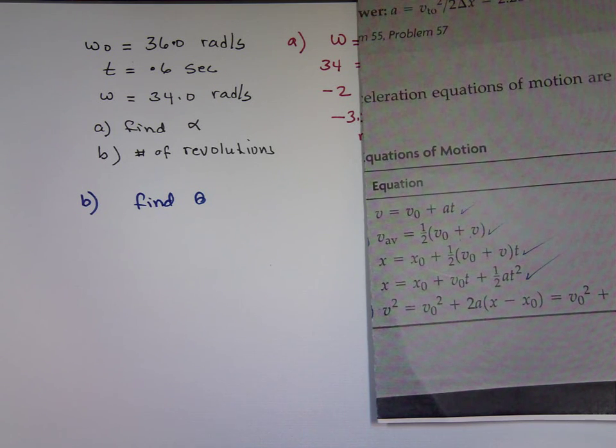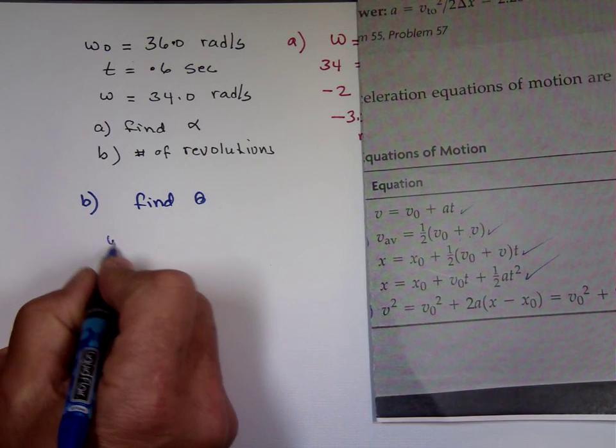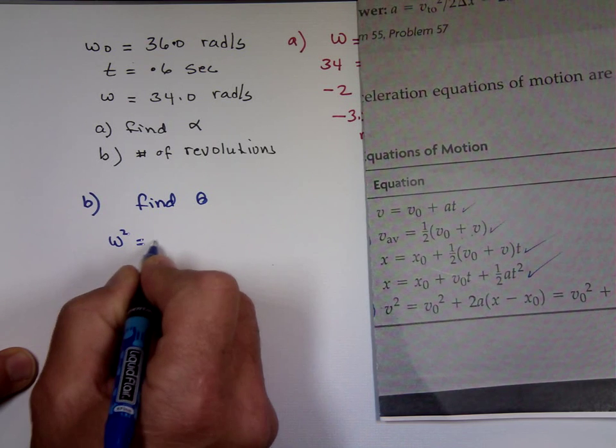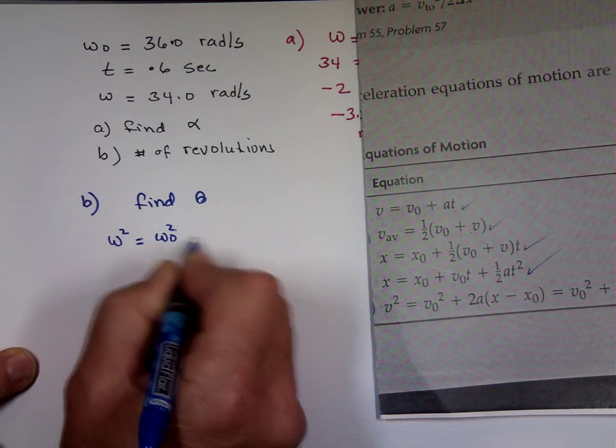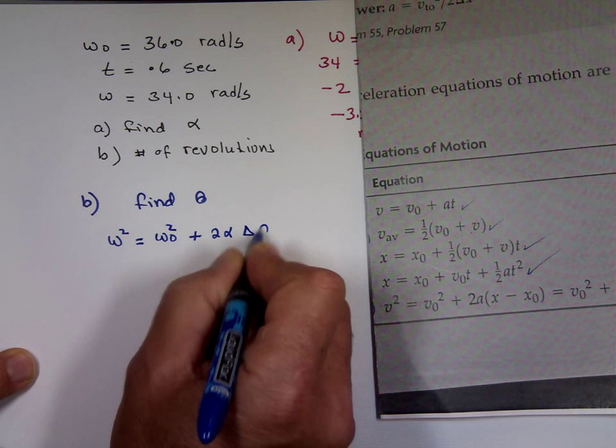I can use the last equation, which says w squared equals w0 squared plus 2 alpha change in theta.